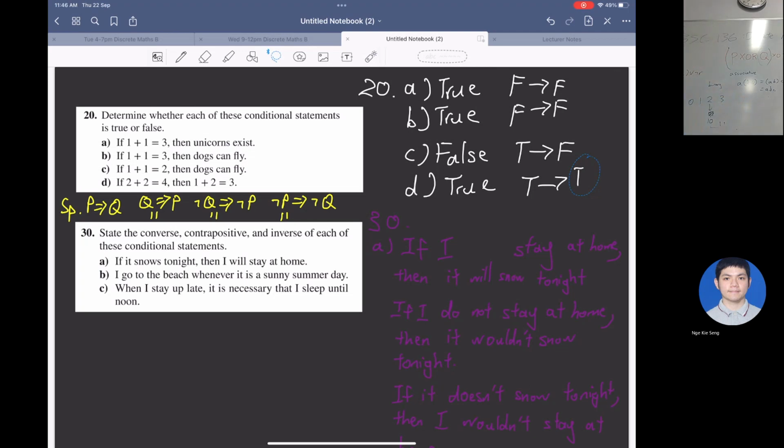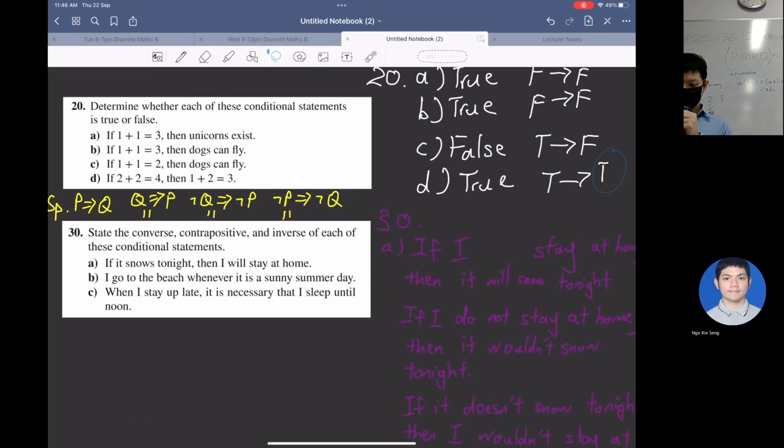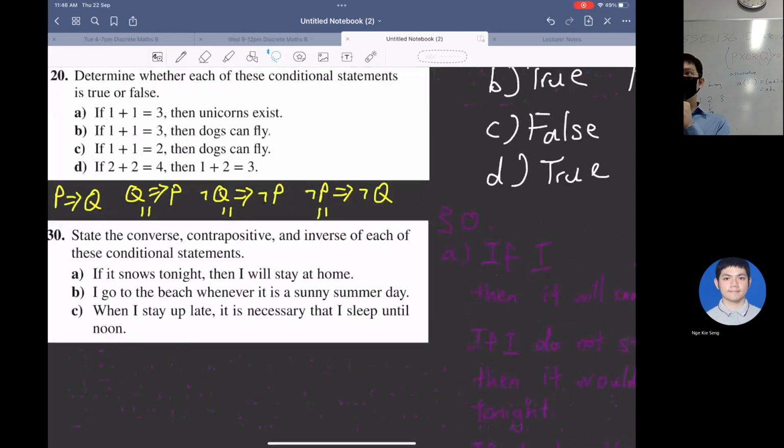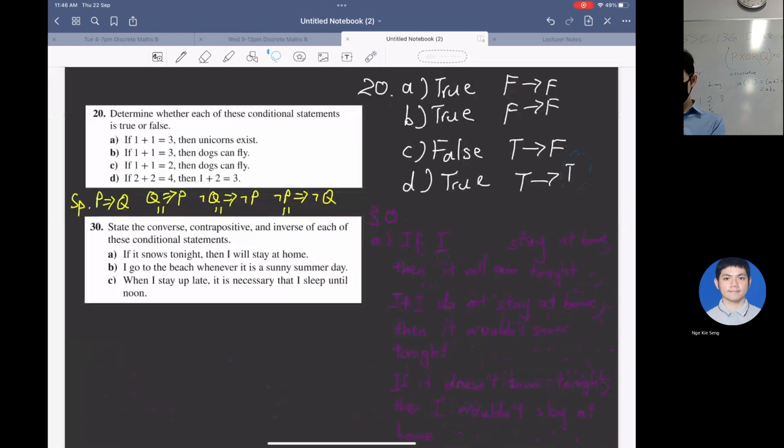What's the converse? Okay, if I stay at home, it will snow tonight. If I stay at home, it will snow tonight.